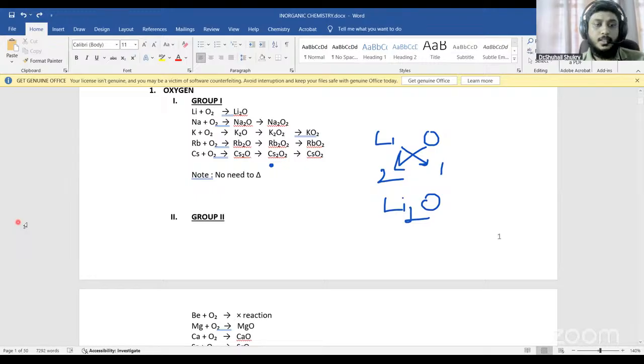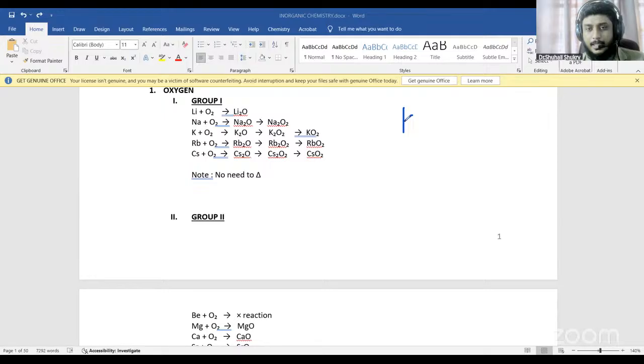Just take potassium as the key example. Potassium oxide is K2O. Potassium peroxide is K2O2. Potassium superoxide is KO2. Now, carefully listen. You should be able to write the anions of these.